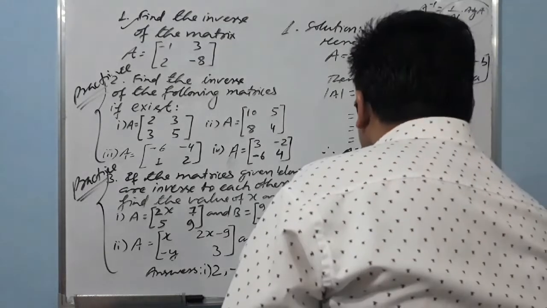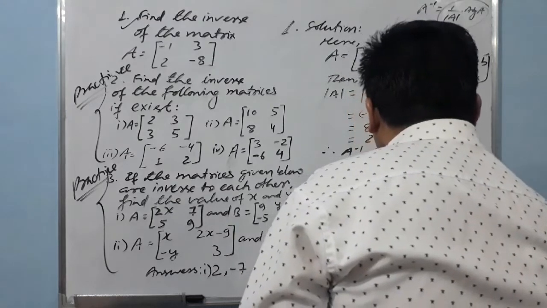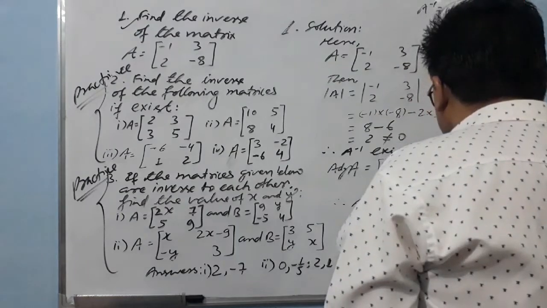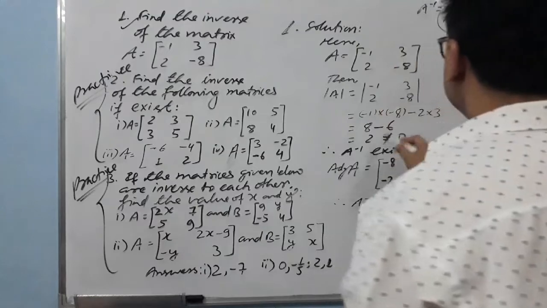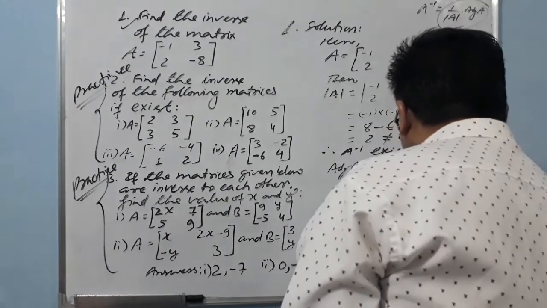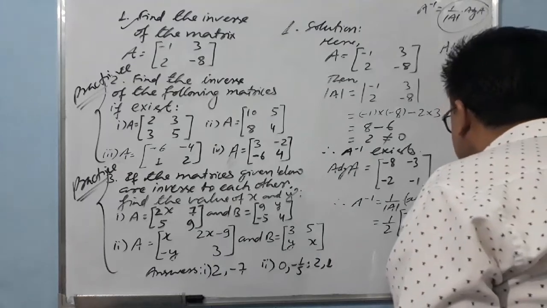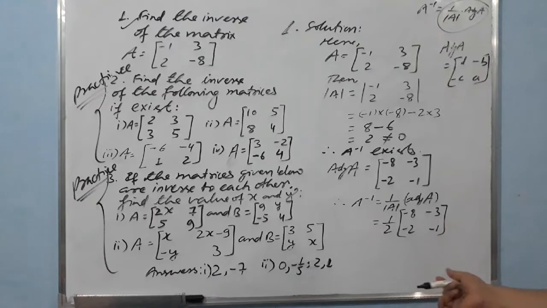Therefore, the inverse is equal to 1 upon determinant of A times adjoint of A. The determinant is 2, and the adjoint is the matrix minus 8, minus 3, minus 2, minus 1. So this is your A inverse.